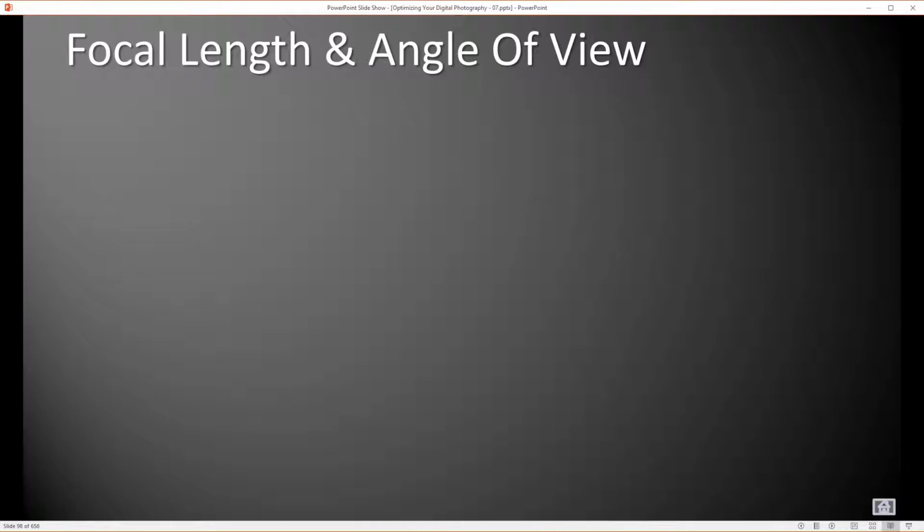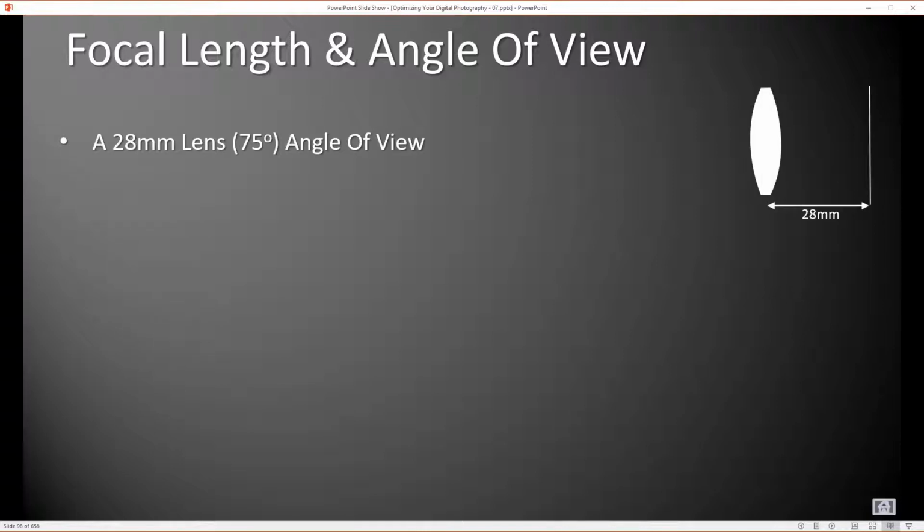So, focal length and angle of view. This is why we need different focal length lenses, because as the focal length reduces, like in this 28mm lens, which is 28mm from the sensor, in real life, of course, we can't actually do this because we'd find the lens is inside the camera body.